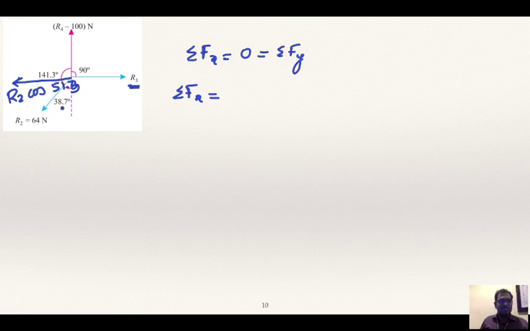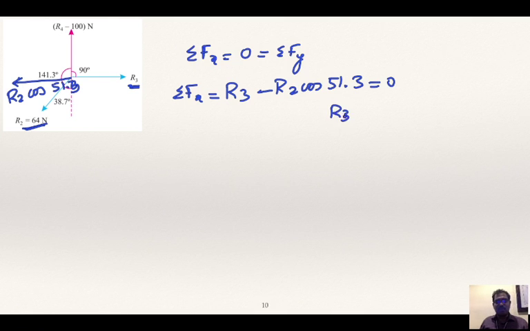R2 value is already known to us, so R3 minus R2 cos 51.3 is equal to 0. So R3 is equal to 64 into cos 51.3. Find out the value, you will be able to get it as 40 Newton directly.